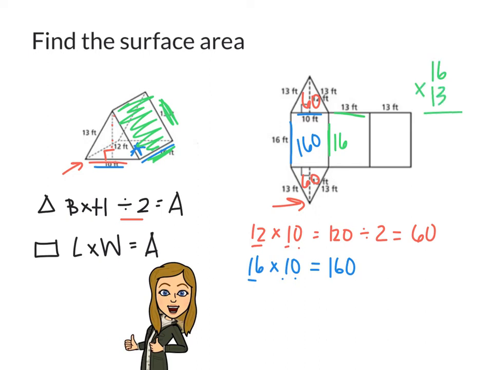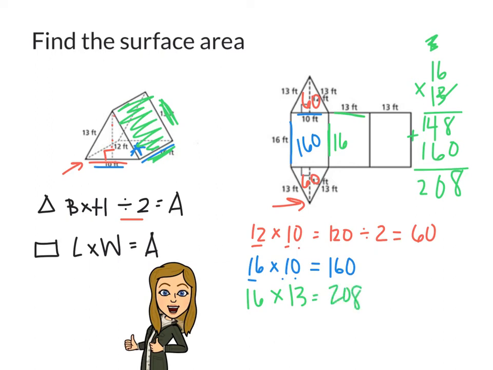So 3 times 6 is 18. 3 times 1 is 3, plus 1 is 4. Put a 0. Get rid of my work from before. 1 times 6 is 6, and 1 times 1 is 1. Now I add 8, 4 plus 6 is 10, 1 plus 1 is 2. Okay, so this next rectangle I did 16 times 13, and I got 208.